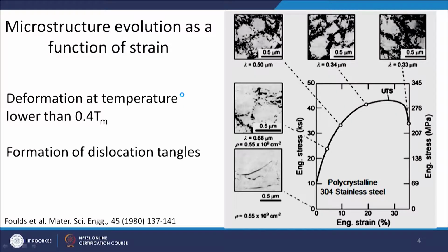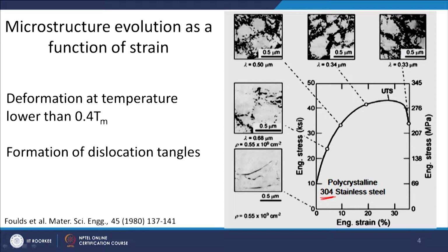A very simple way of looking at the changes which take place is in this particular slide. Of course, this kind of deformation we are doing at lower temperature. You can see that it is a room temperature deformation, and the material used is polycrystalline 304 stainless steel.